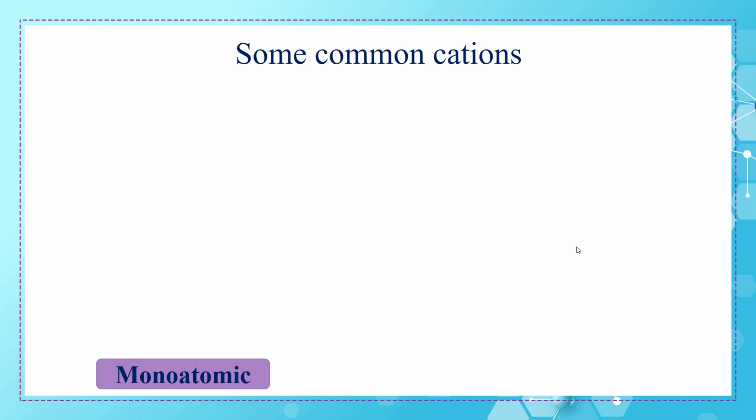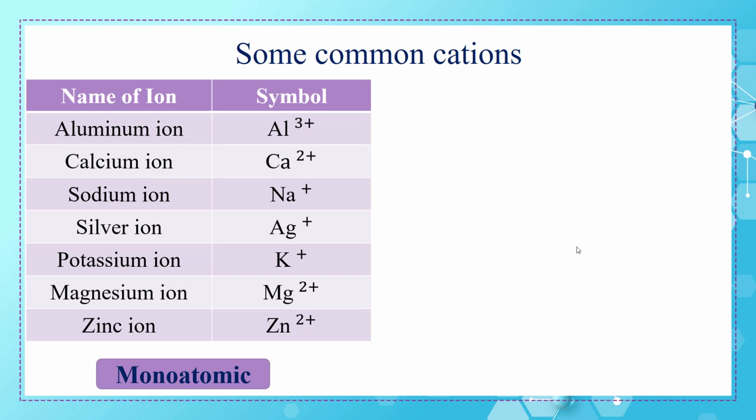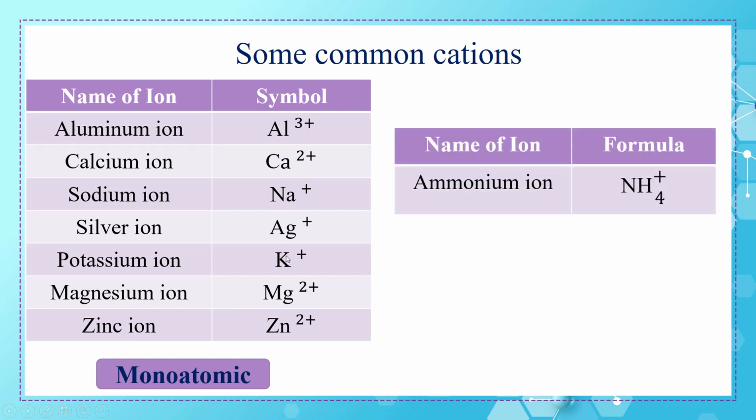Some common cations. Look here, guys, we have a table that represents some cations which are monoatomic ions. They are all positively charged, so they are all cations. And if we look about the number of atoms, we see that each ion is made up of one atom, 1 Al, 1 Ca, 1 Na, 1 Ag, 1 K, etc. So they are monoatomic.